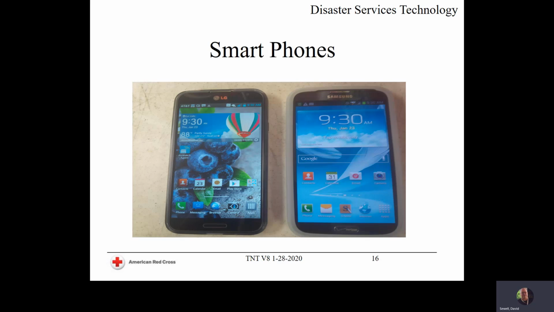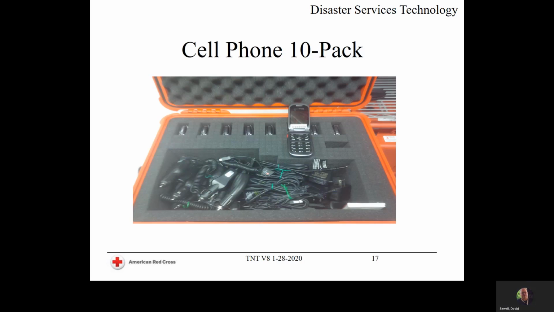The main thing you'll notice is that they'll have their company logo on the phones, and you can also tell by looking on the activity bar here what service you have. But that's not always reliable, because if the phone roams in an area, it might have something other than AT&T or Verizon on there. So keep that in mind.